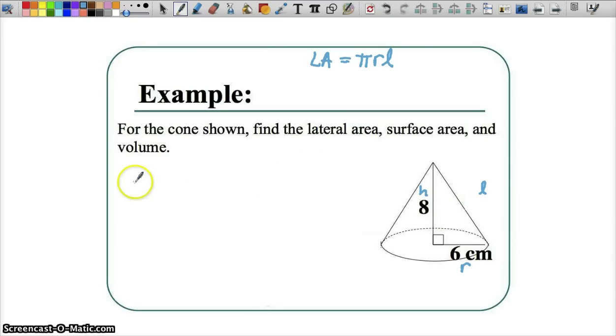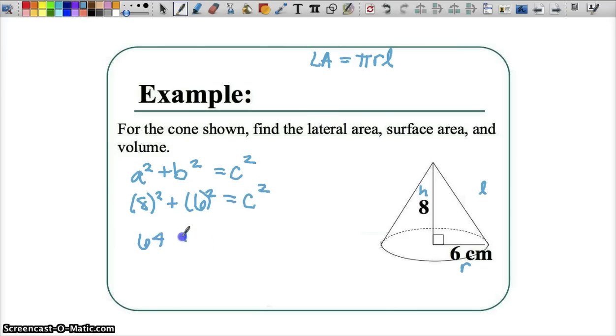So you can do your a squared plus b squared equals c squared. Plug in your information, so 8 squared plus 6 squared equals c squared. 64 plus 36 is c squared, so you end up with 100, which leaves you with 10. So your slant height over here is 10.